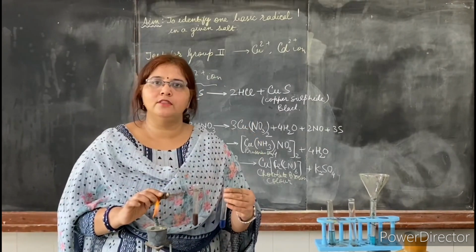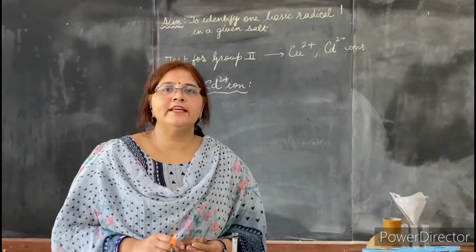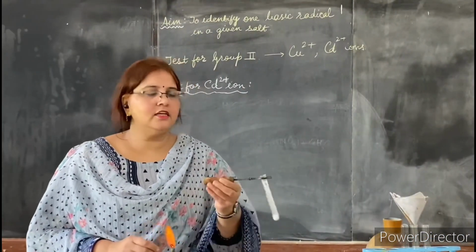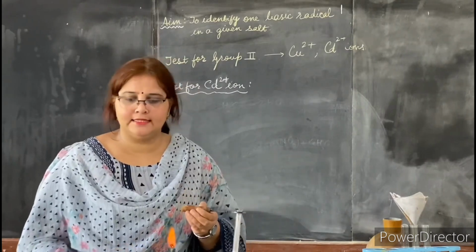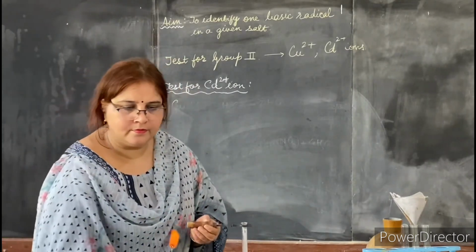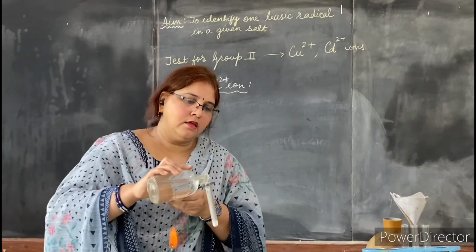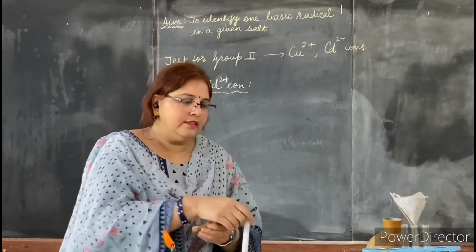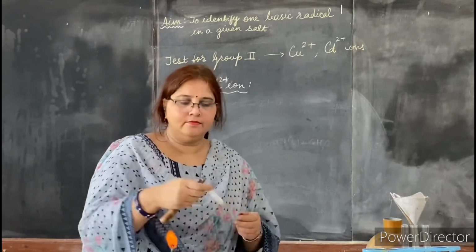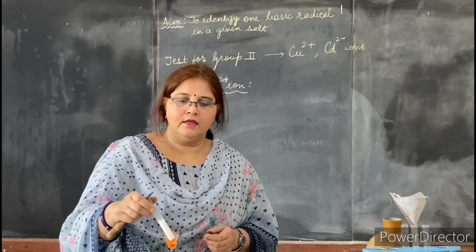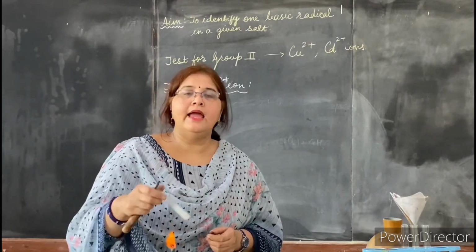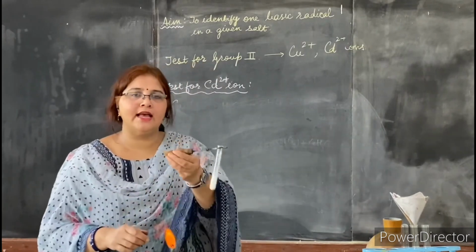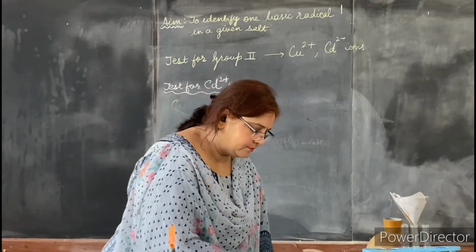Now, see the test for the next radical. For the test for the cadmium ion, take the salt in the test tube and add dilute HCl to it. As soon as you add the dilute HCl, make it a clear solution and then pass H2S gas to this solution.